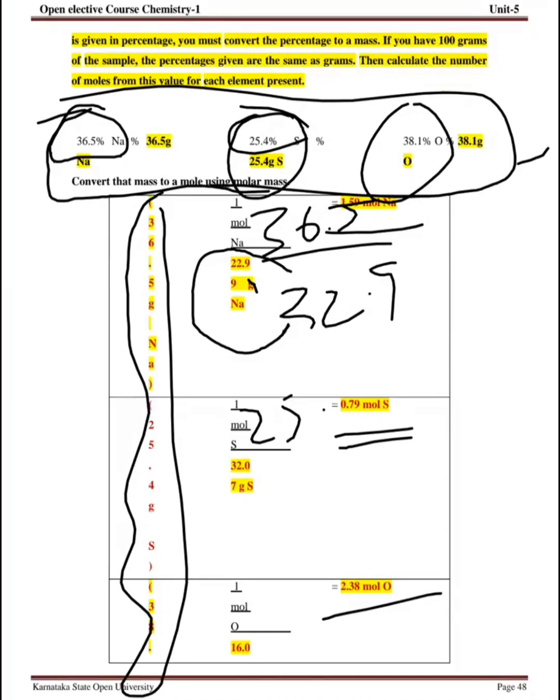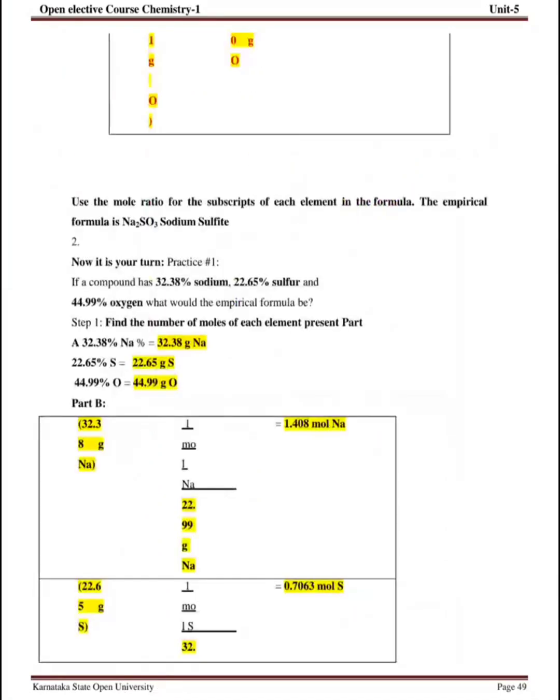They have given one more example here. Find the number of moles of each element present: sodium 32.38%, sulfur 22.65%, and oxygen 44.99%.